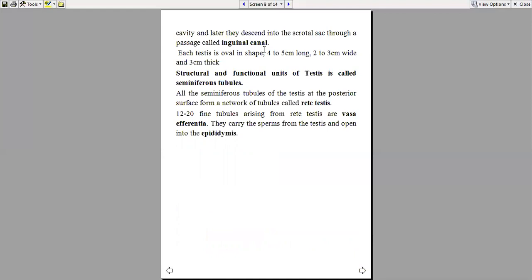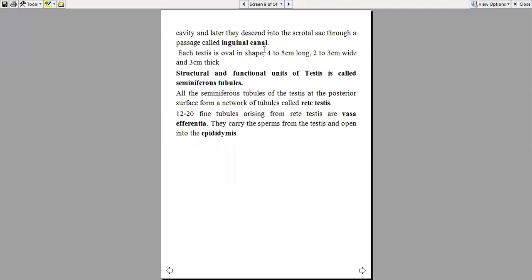Earlier the testis is located in our abdomen, but during 7 to 8 months of fetal development, when the male fetus is in the form of an embryo of 6 to 7 or 7 to 8 months, at that time it is located in the abdomen.